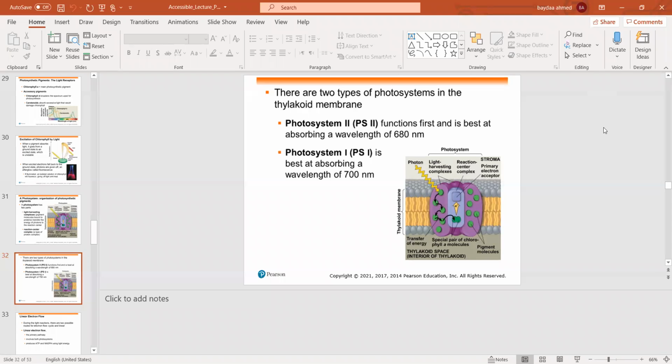The chlorophyll A at the reaction center complex of photosystem 1 is called P700 because it most effectively absorbs light of wavelength 700 nanometers in the far red part of the spectrum. However, their association with different proteins in the thylakoid membrane affects the electron distribution in the two pigments and accounts for the slight differences in their light absorbing properties.